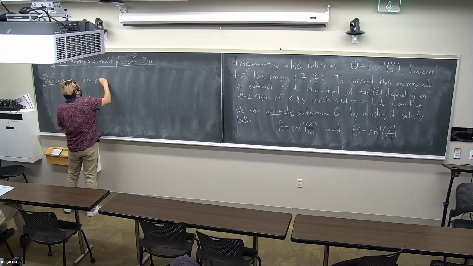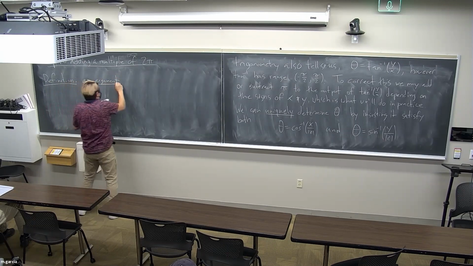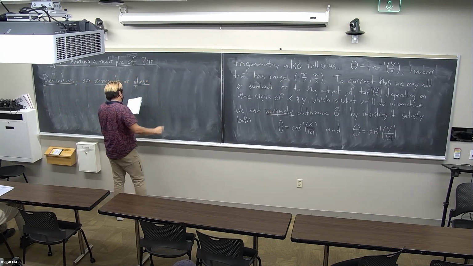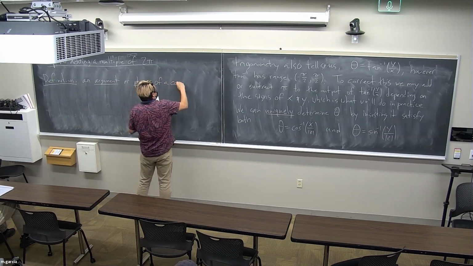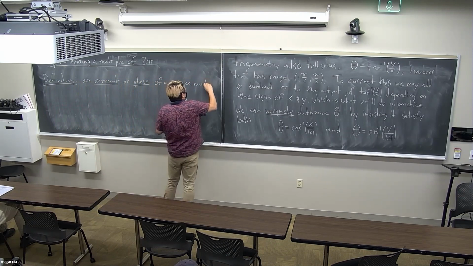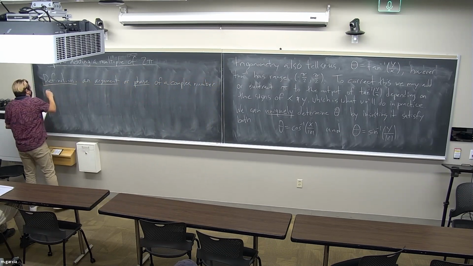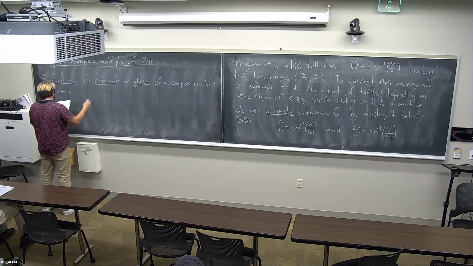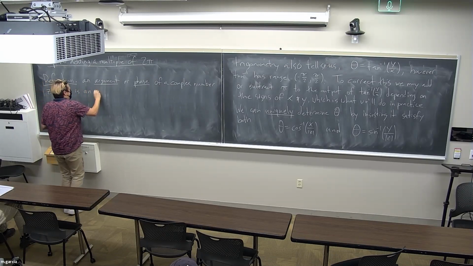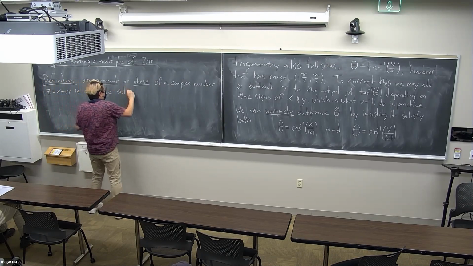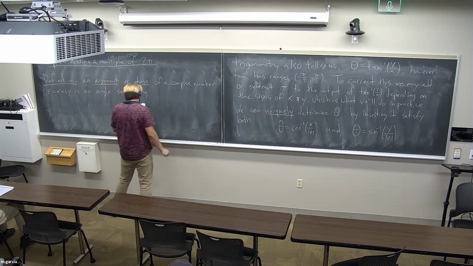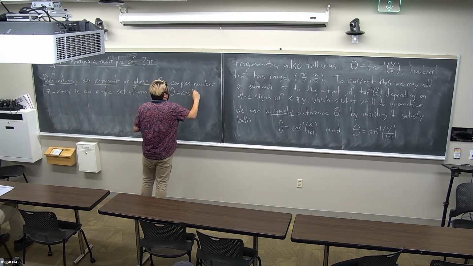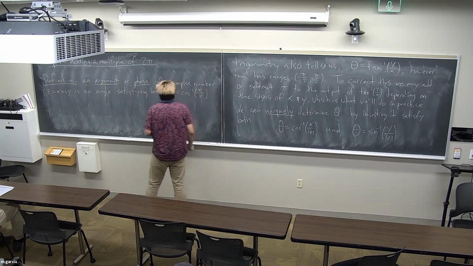An argument or phase of a complex number z equals x plus iy is an angle satisfying both of our equations, which we denote arg of z.